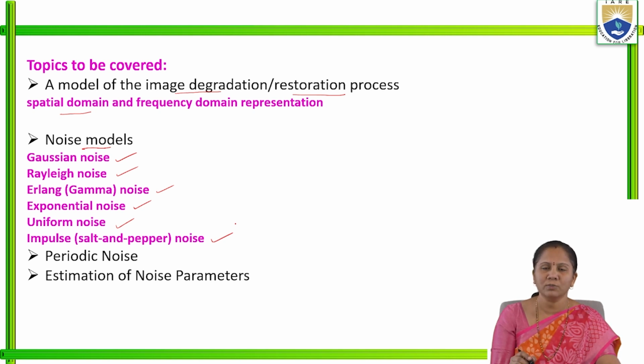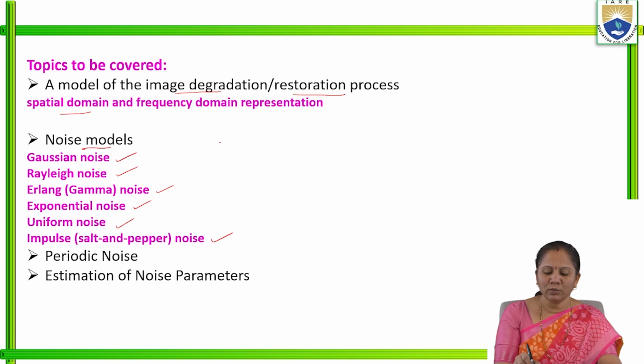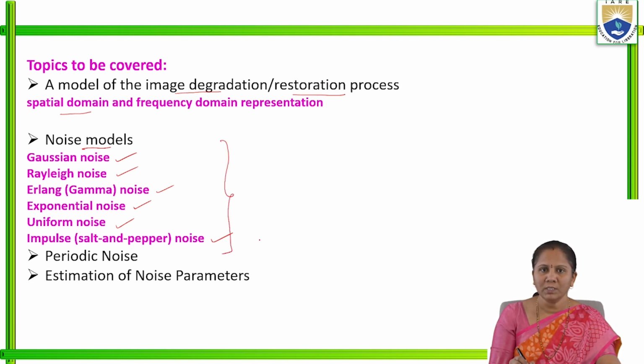Impulse noise is also called salt and pepper noise. We will learn how to represent the probability density function, PDF, for all these noise models.